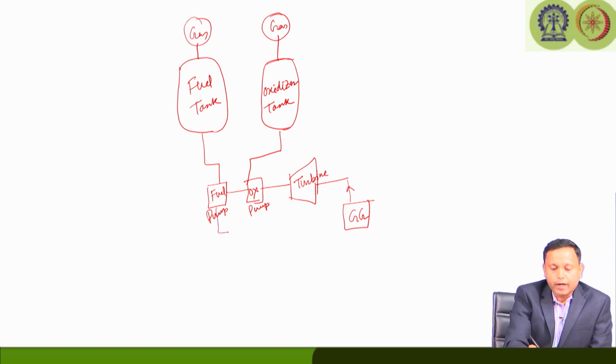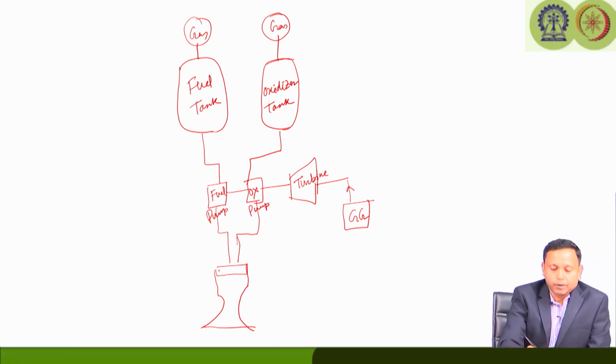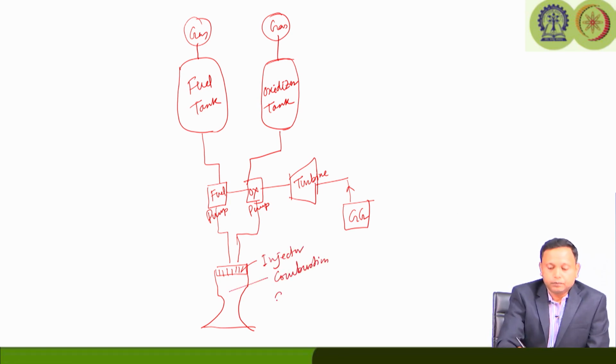Now, the fuel and oxidizers are supplied to the thrust chamber. The thrust chamber consists of some injectors, the combustion chamber, and the nozzle for expansion of the gas.